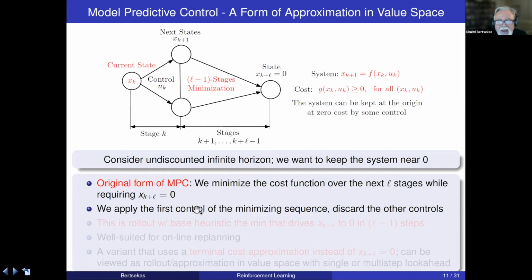We apply the first control of the minimizing sequence, and we discard all the other controls for this time period, then move to the next state, and then we redo this optimization L steps ahead, and then apply the first control in the optimized sequence, then go to the next stage, and so on. So we always look L steps ahead while keeping the state after L stages at 0. That's the way this works.